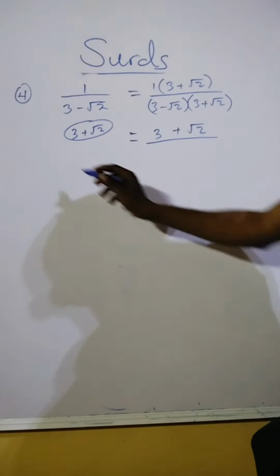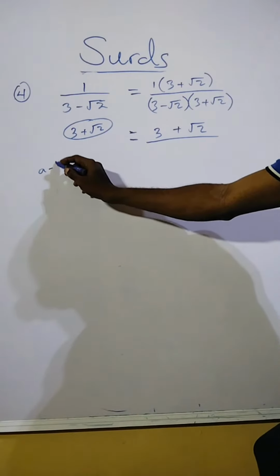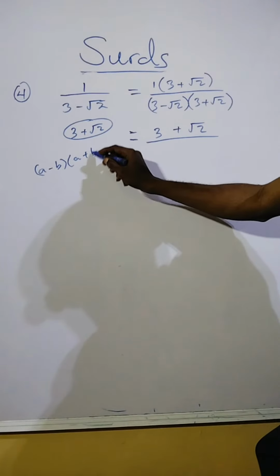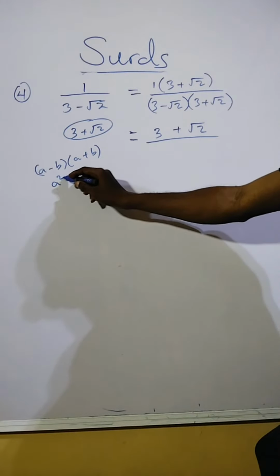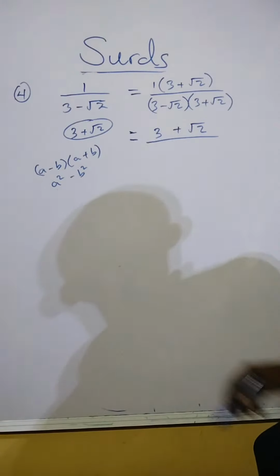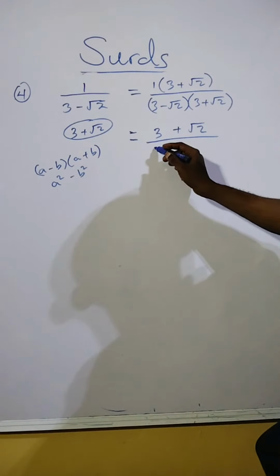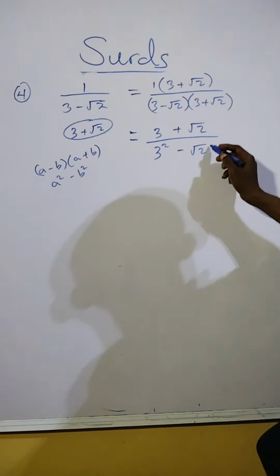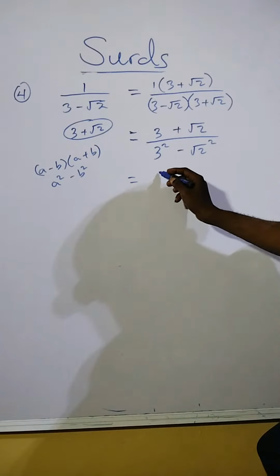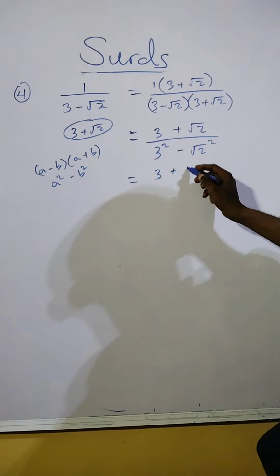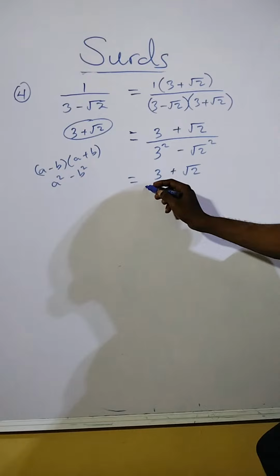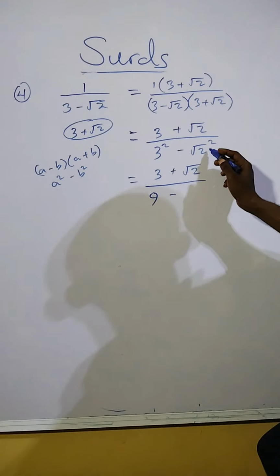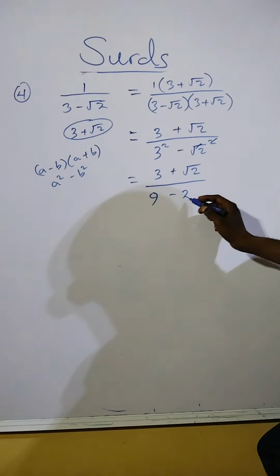So whenever we have a minus b into brackets a plus b, it can be written as a squared minus b squared. And here a is 3, so we have 3 squared minus b, which is root 2, that's root 2 squared. That is, here we have 3 plus root 2, then divided by 3 squared, that's 9, minus root 2 squared, square cancels square, we have 2.